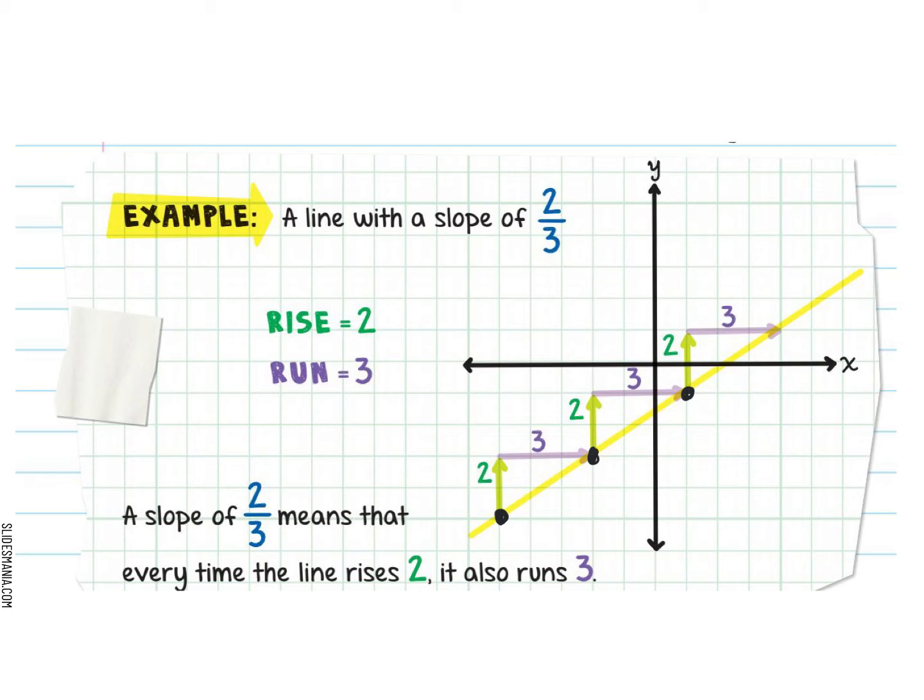But it has to be an exact point. In this graph, we notice that as we move from left to right, always start from the left and go right, we're going up 2, and then we go right 3. For every 2 we go up, we go right 3. So rise over run for this one would be 2 over 3.